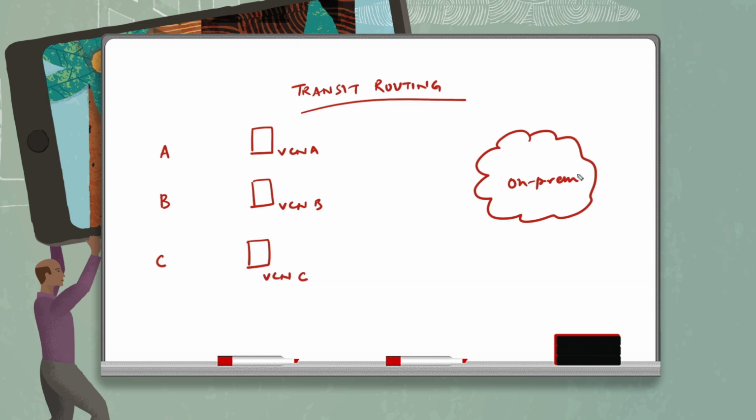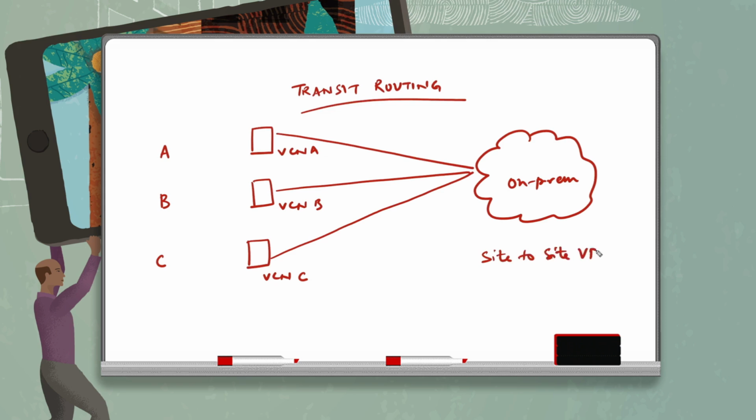Also suppose that your organization has an on-premises environment, so there is an on-premises network, and this on-premises network needs access to all three VCNs: VCN A, VCN B, and VCN C. Now, as we have already discussed in previous lessons, when it comes to connecting a VCN to an on-premises network, you have to set up either a site-to-site VPN connection or provision a Fast Connect circuit.